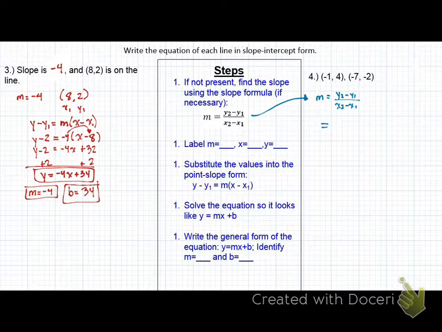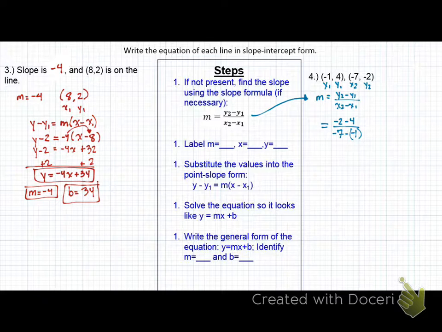And then we're going to identify these so we know this is x1, y1, x2, y2. Okay, so we're going to do y2, -2, minus y1, which is 4. Right? And then we've got x2, which is -7, minus our x1, which is -1.